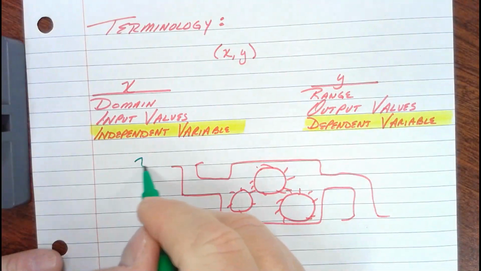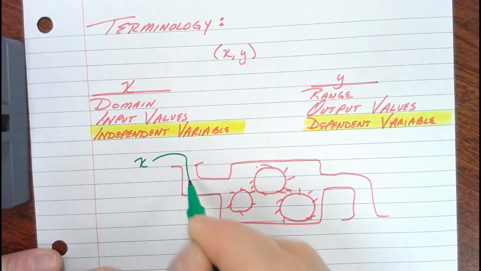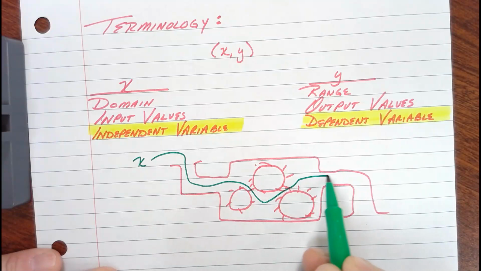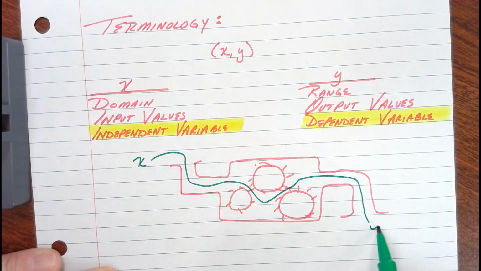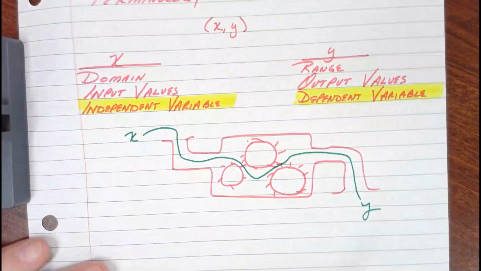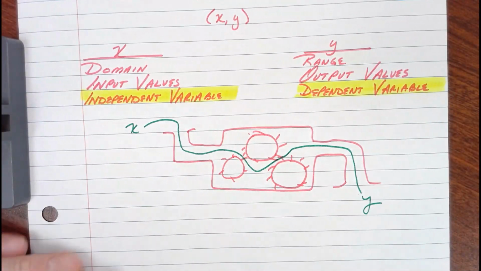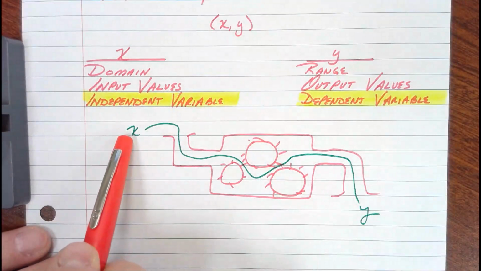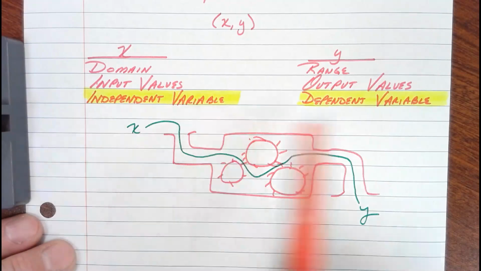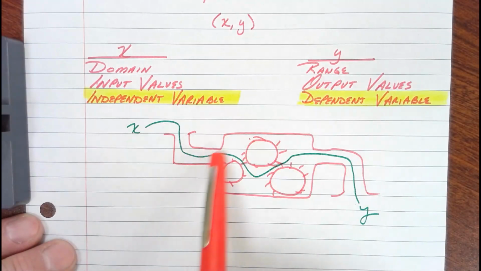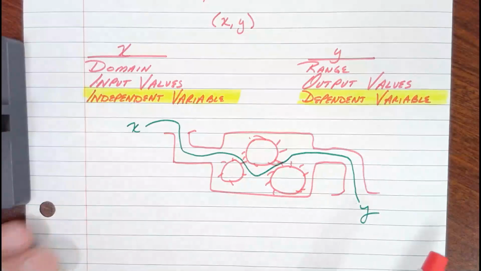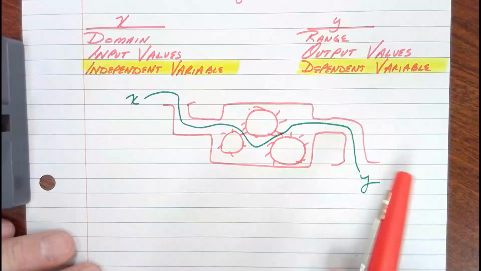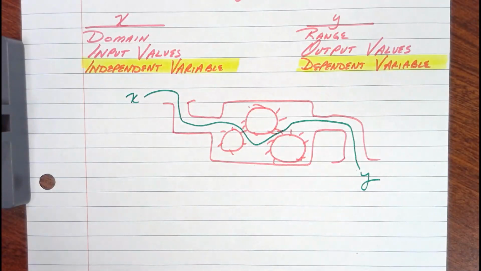And you put an X value in this machine, and it goes through here and comes out as a Y value. Okay? And that's just a little hook to get you to remember that this is the input and independent. It depends on what you put in this machine as to what you get out.